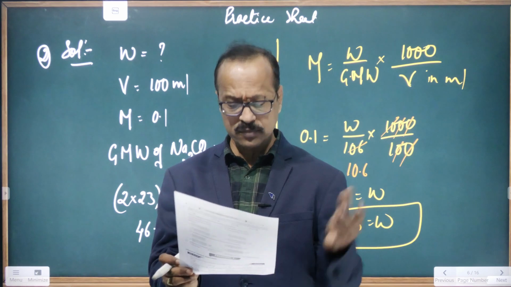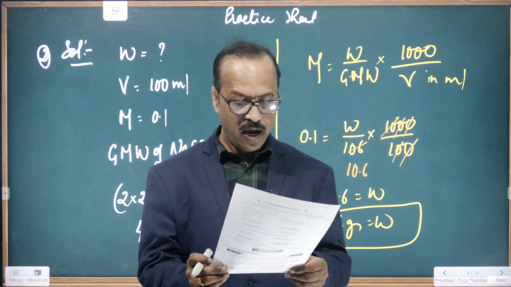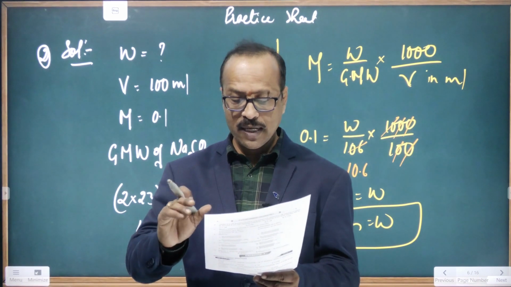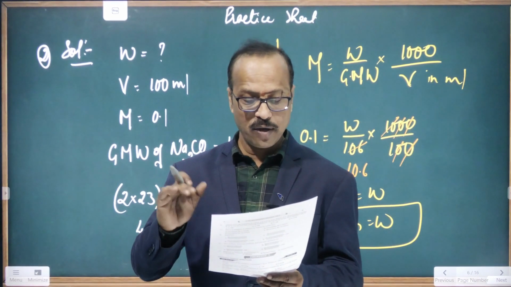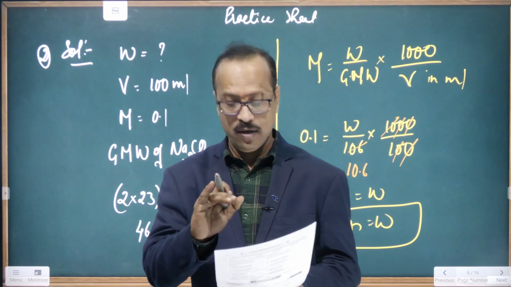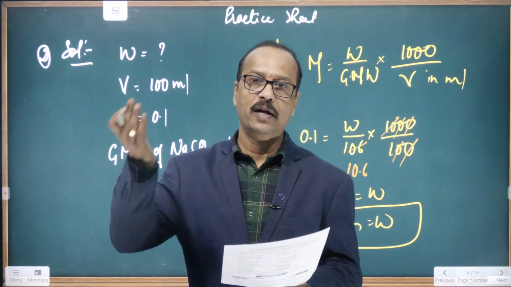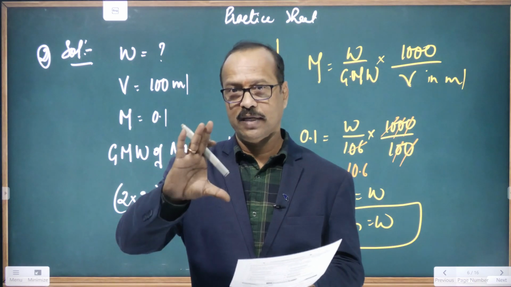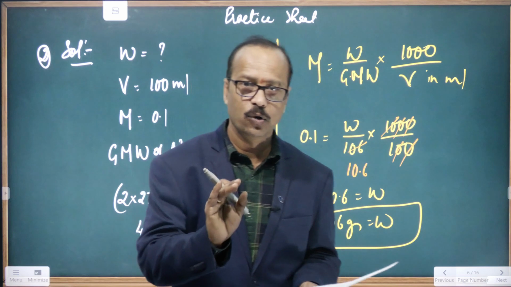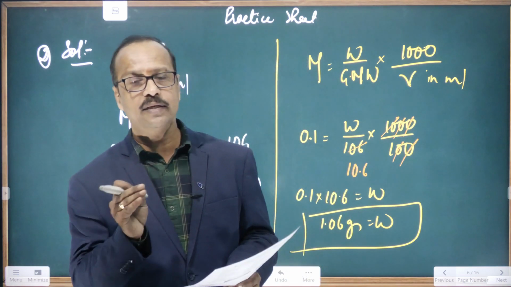The fourth I also solved. And the fifth: if the molarity of the solution is M, then decrease the molarity to M by 2. If the molarity is decreased to half, then what about the volume? The volume will be doubled. Take a glass of water, half glass, and add some salt.